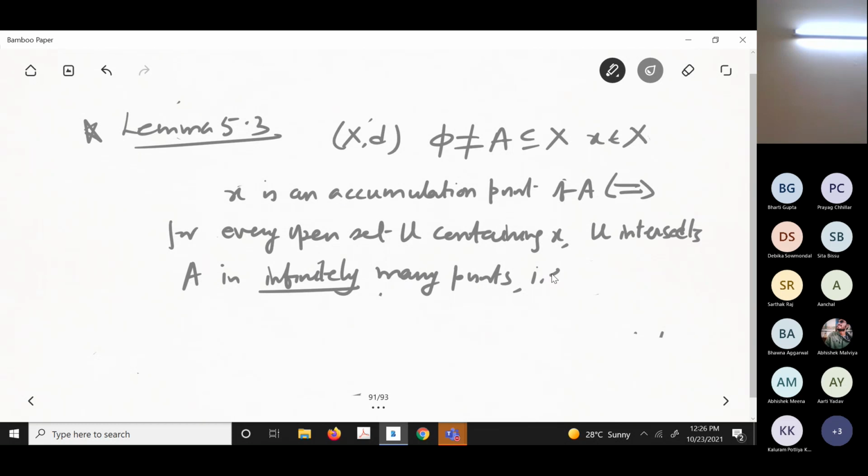That is, U intersection A is an infinite set.